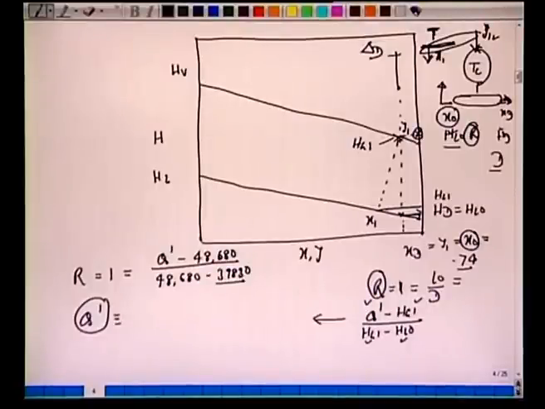If you calculate from here, this will turn out to be 88,510 kilojoule per kilomole. All right. So we know this coordinate. We can mark this del D, which is nothing but your Q dash prime.